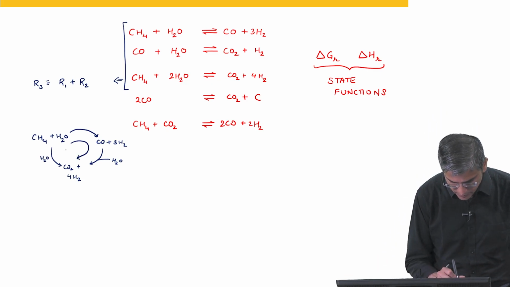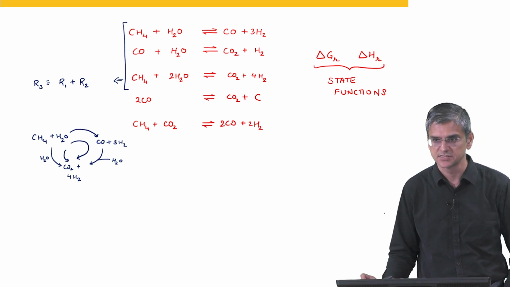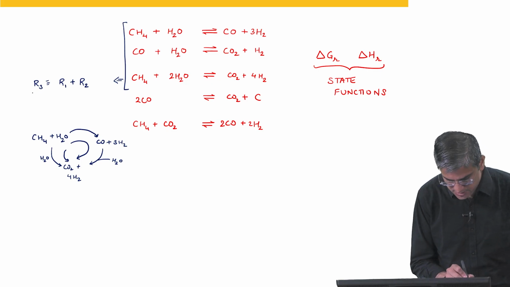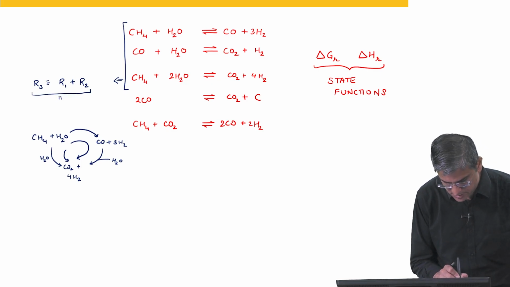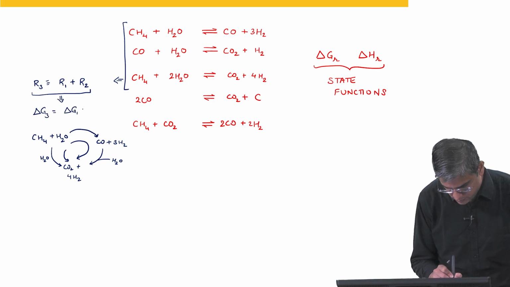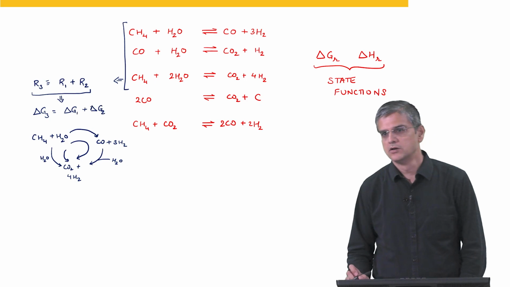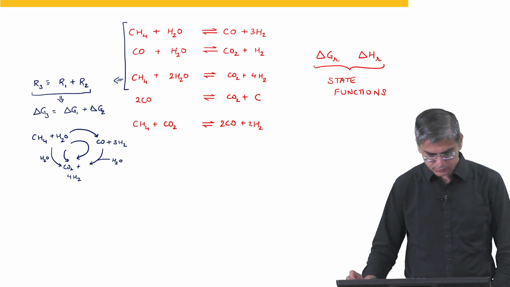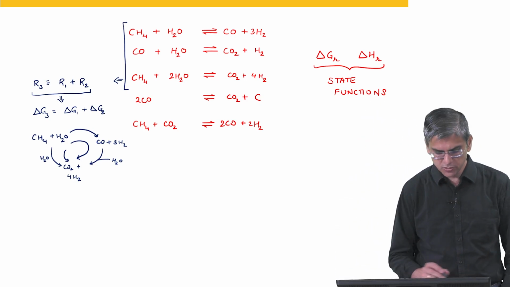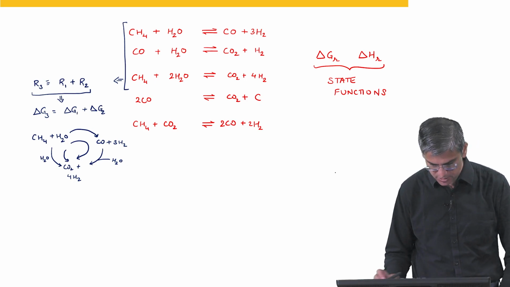Going this way or going this way will incur the same delta H or same delta S. And because R3 is just equal to R1 plus R2, mathematically what you are going to get is, say, delta G3 equals delta G1 plus delta G2. So, if you were to divide this by negative RT and take an exponent of that, what will we get?